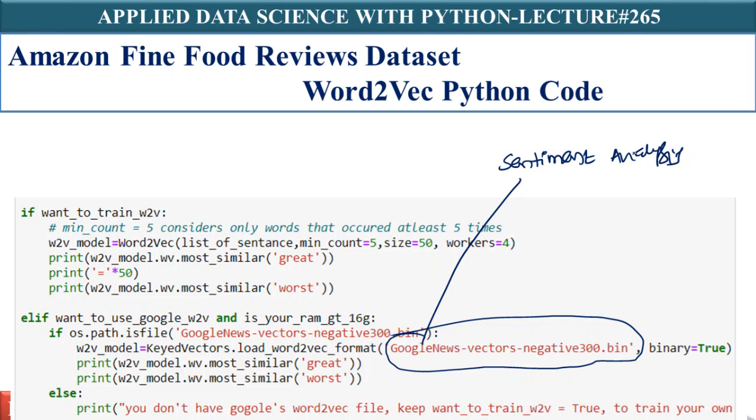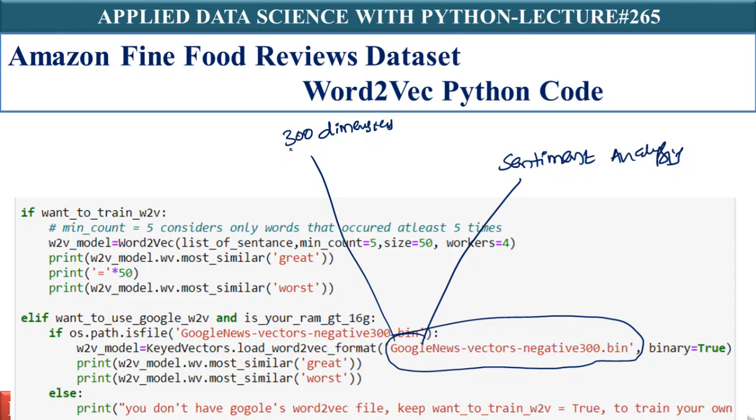Basically, it's a big table where for every word there is a vector representation. This vector representation has 300 dimensions.